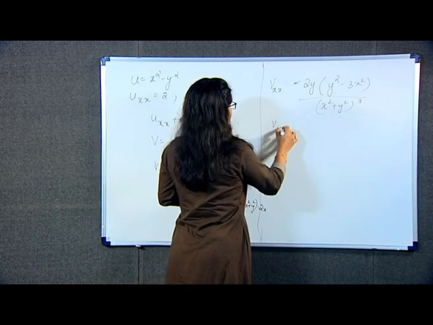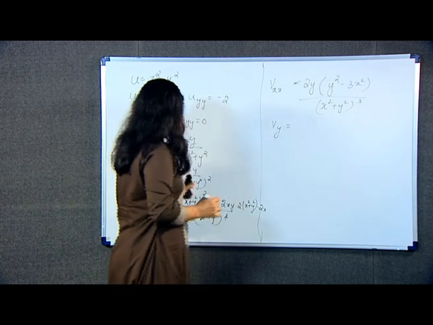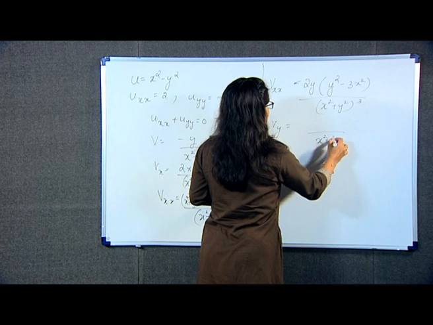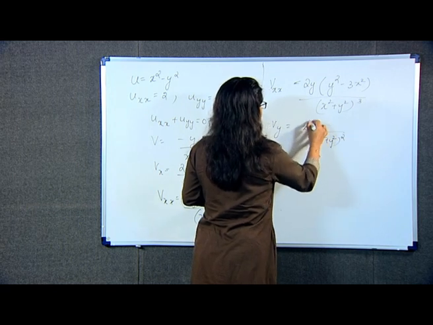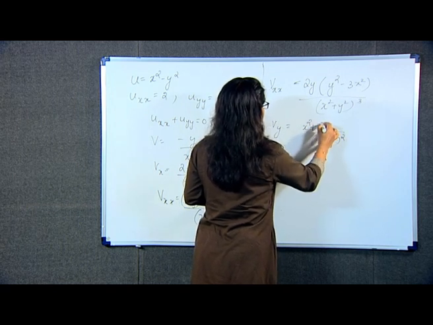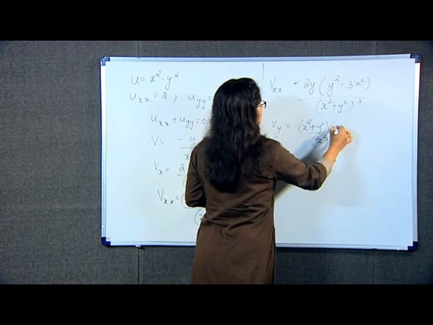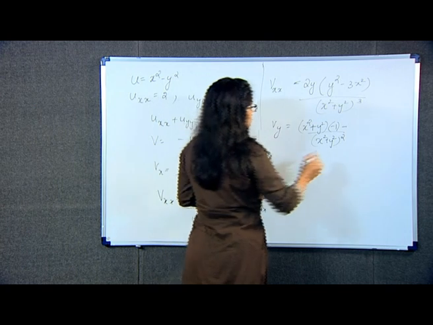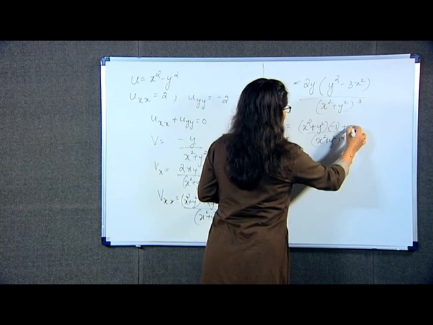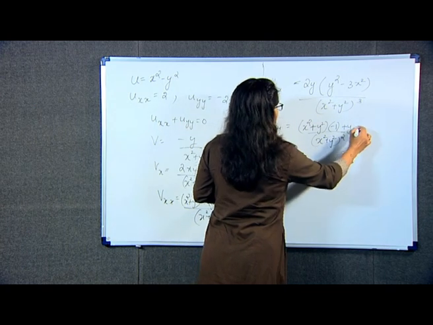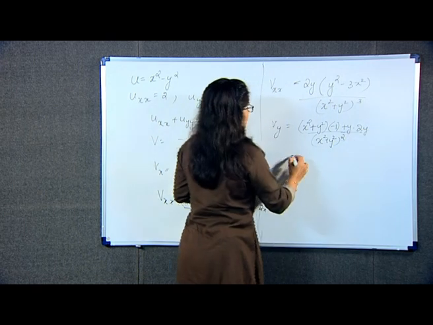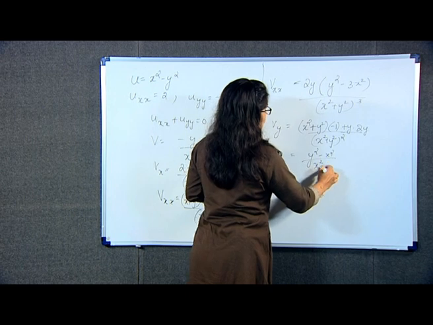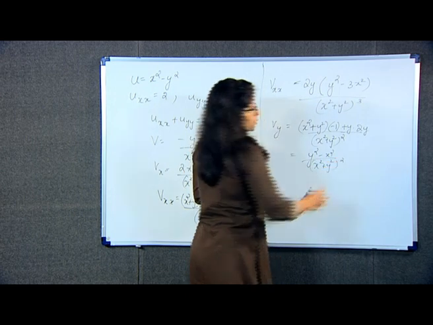Now let us see what is vy and vyy. So, vy is x square plus y square the whole square, x square plus y square into minus 1 plus y into the derivative 2y. So, this is nothing but y square minus x square by x square plus y square the whole square.